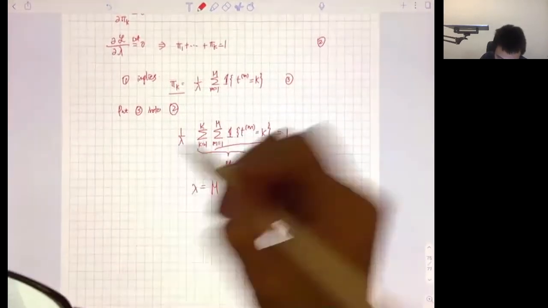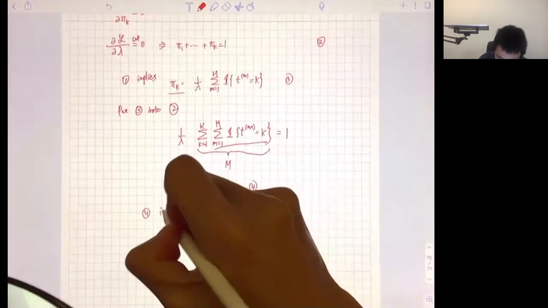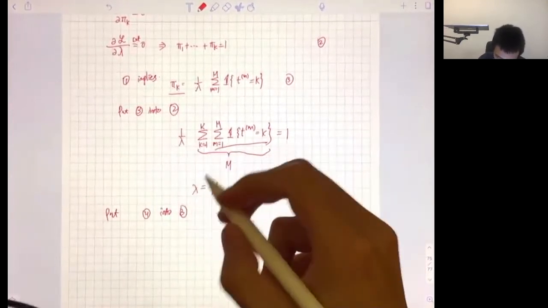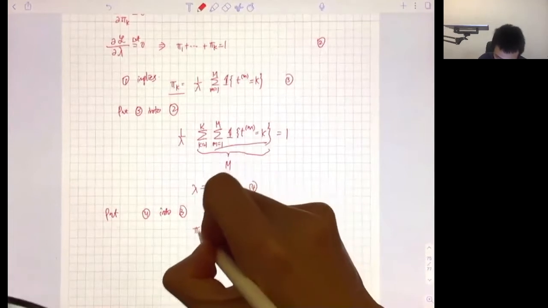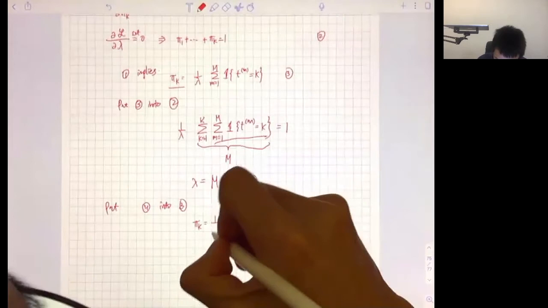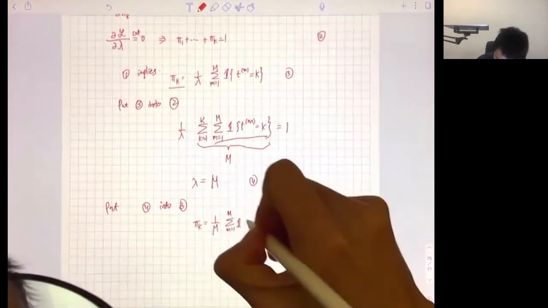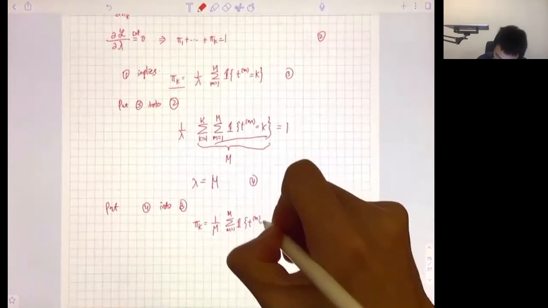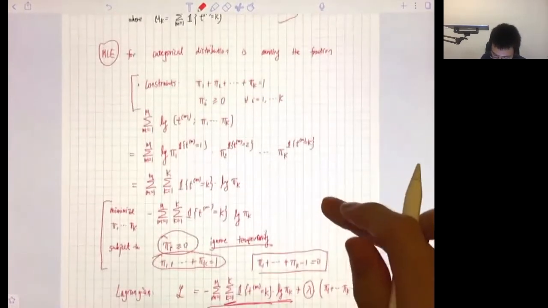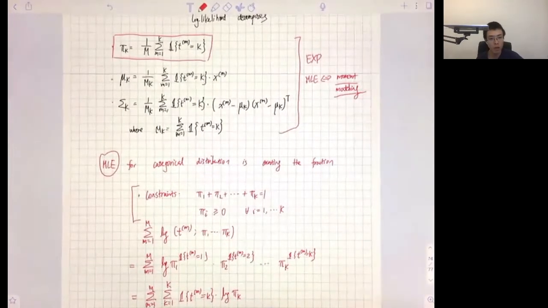This implies that you put 4 into 3, so you have pi k is 1 over N times the count. This is exactly the moment matching, you just match the empirical moment.